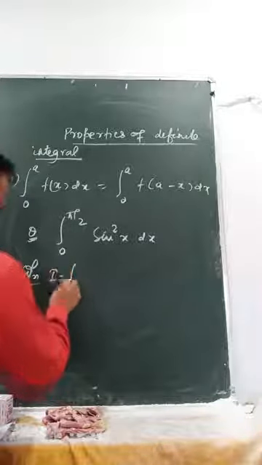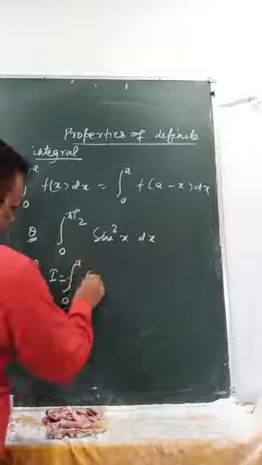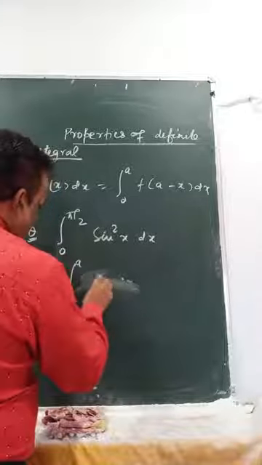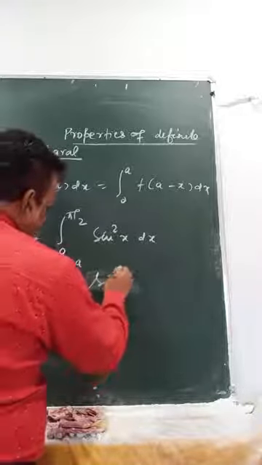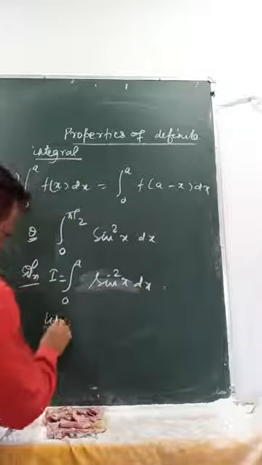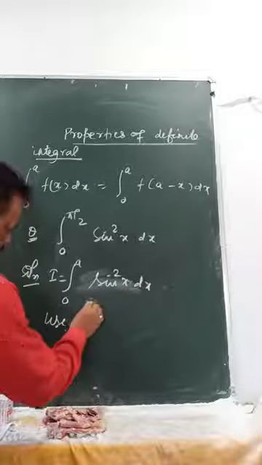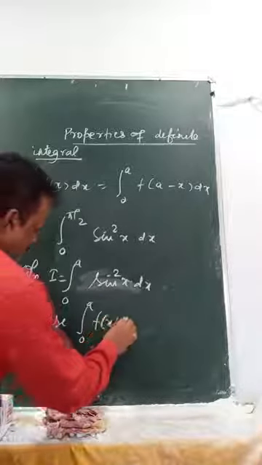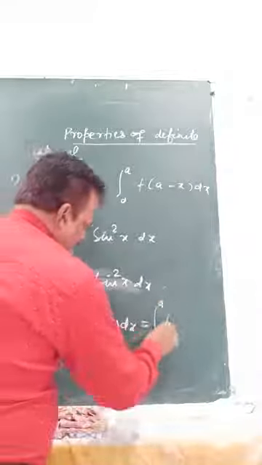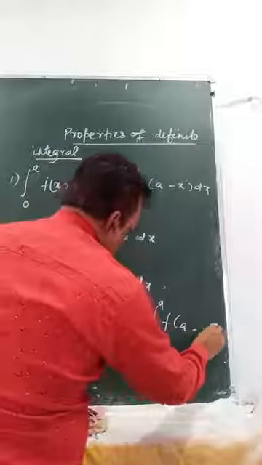I equals integral from 0 to a of f(x) dx, so sin square x dx. Use integral from 0 to a of f(x) dx equals integral from 0 to a of f(a minus x) dx.